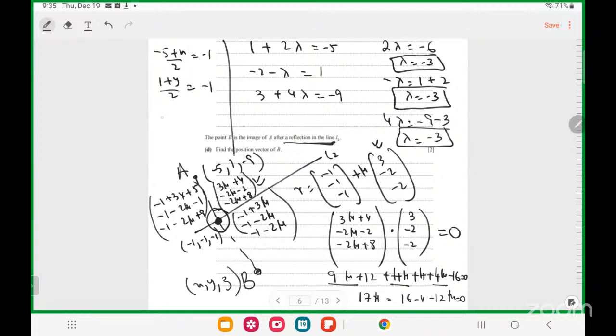And (-9 + z)/2 is -1. So x turns out to be 3, y turns out to be -3, and z turns out to be 7. So the point of reflection is (3, -3, 7).